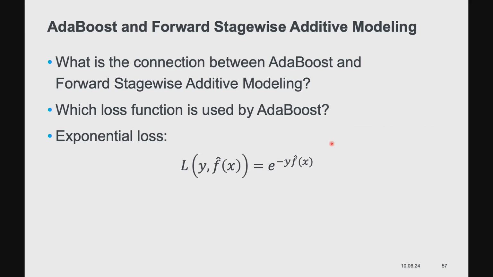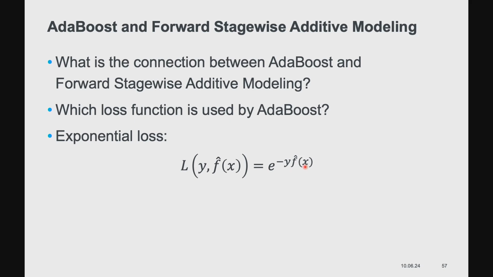And then now what I present to you and then show is that the loss function we use here between our class and the predicted value, or could be regression, then would be the numerical value and the predicted value, is the exponential loss. And what is the exponential loss? It's e to the power minus y times f hat of x.